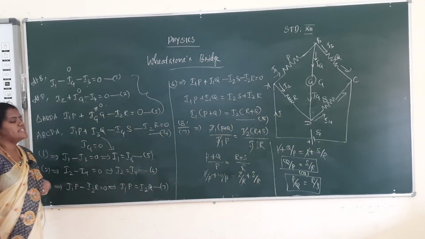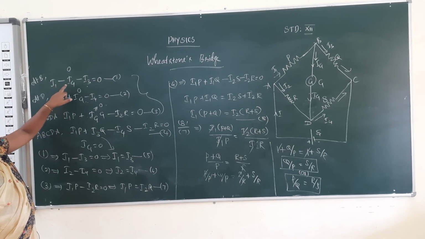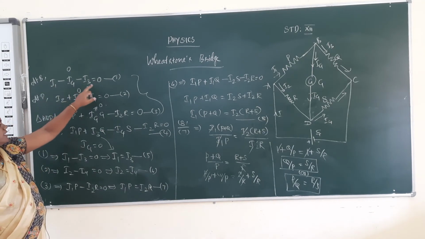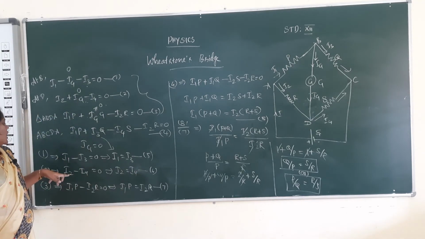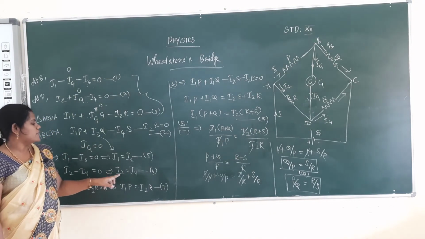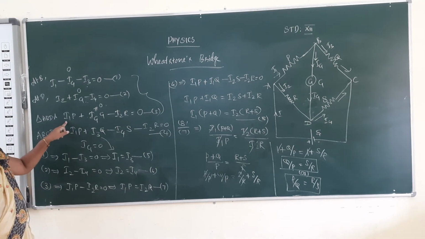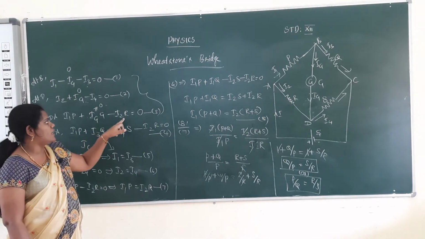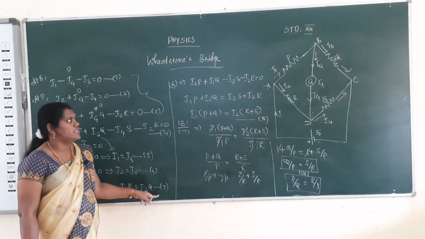Then taking IG equal to 0, substituting the IG value in the first three equations: IG is 0, so I1 minus I3 is equal to 0, so I1 is equal to I3. This is the fifth equation. Second equation, I2 minus I4 is equal to 0, so I2 is equal to I4. This is the sixth equation. Then third equation, I1P minus I2R is equal to 0, so I1P is equal to I2R. This is the seventh equation.